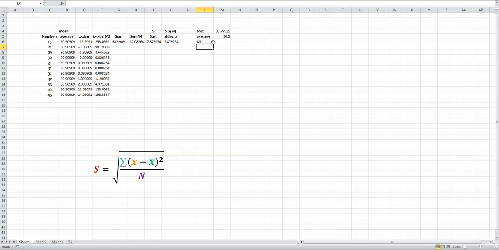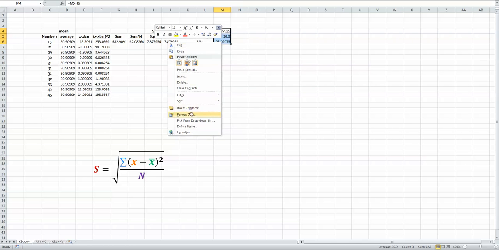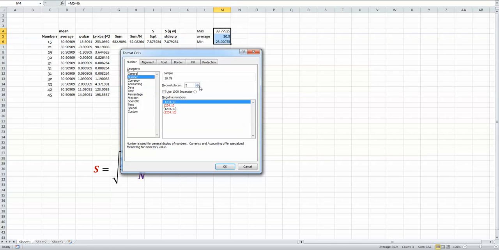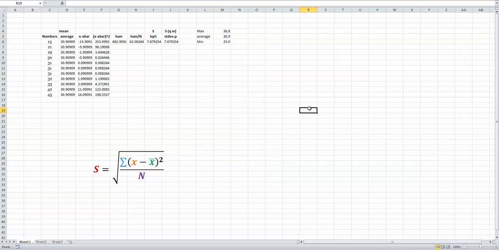In the same way, the minimum value is that value take away that standard deviation. So now, if I just apply some formatting to take away a few decimal points, the maximum age that 68% of the population can fit into is roughly 39 years of age, and the smallest is 23.